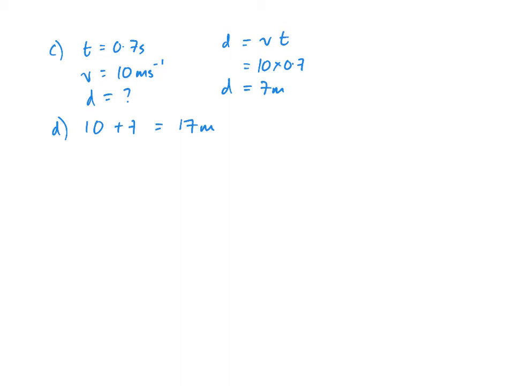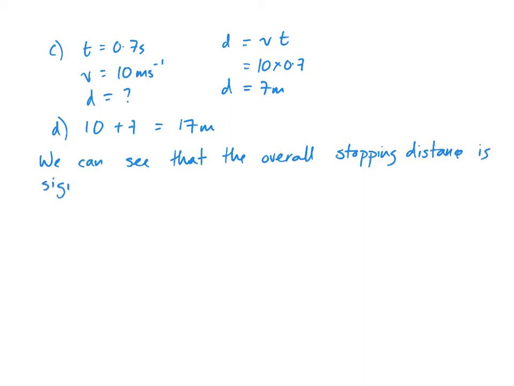So you're asked to comment on the differences and making reference to 20 mile an hour speed limits near schools. So we can see that the overall stopping distance is significantly smaller for cars at 20 miles per hour.